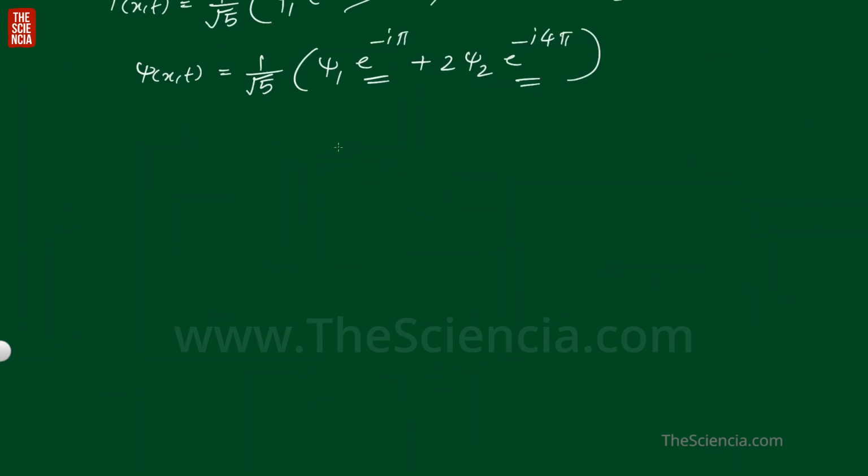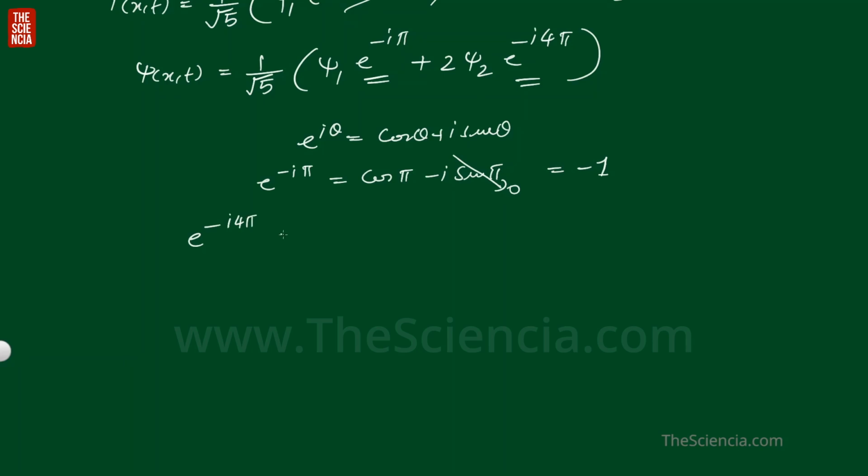We know generally the expression e raised to i theta is equal to cos theta plus i sin theta, right? So e raised to minus i pi is equal to cos pi minus i sin pi, where we know sin pi is equal to 0 and cos pi is equal to minus 1. And the other term, e raised to minus i 4 pi, is equal to cos 4 pi minus i sin 4 pi.